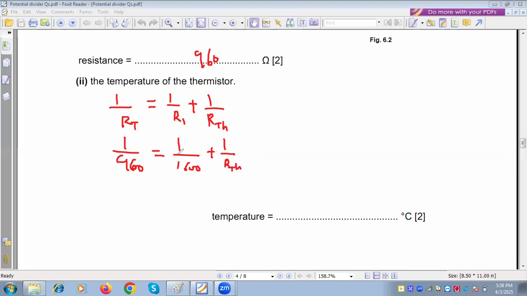So what will be 1 upon R thermistor? I will take it to the other side. 1 upon R thermistor is equal to 1 over 960 minus 1 over 1600.